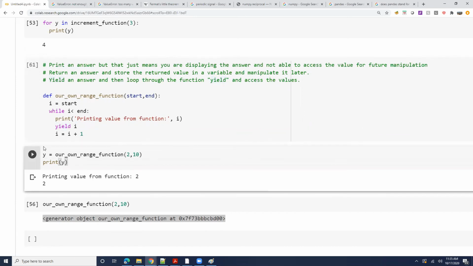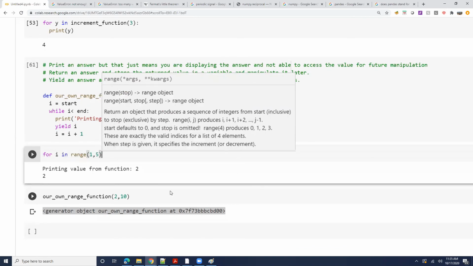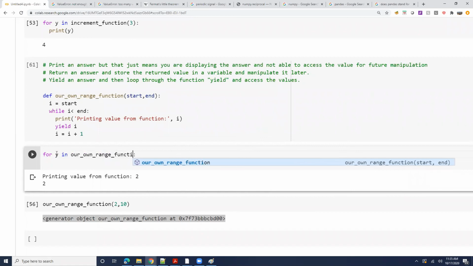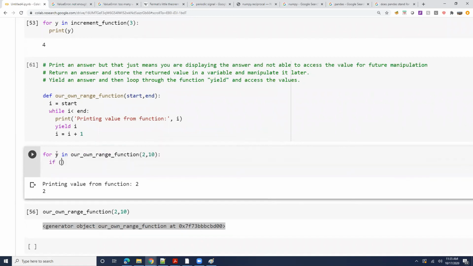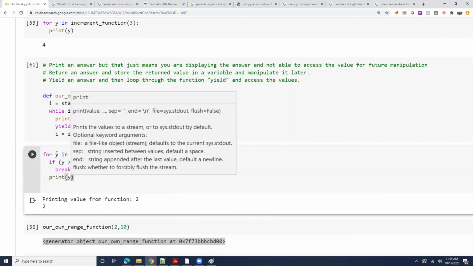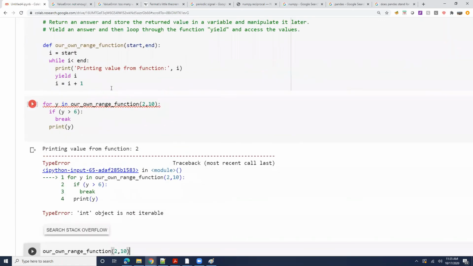Just to illustrate that point, I'll say for y in our own range function of 2 comma 10: if y greater than 6, break, else print y.